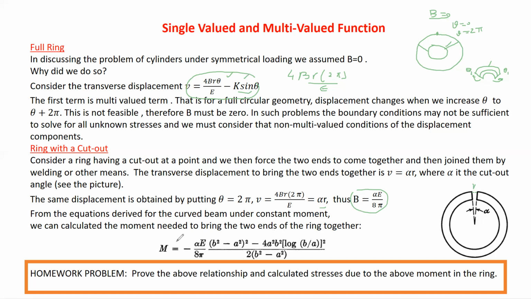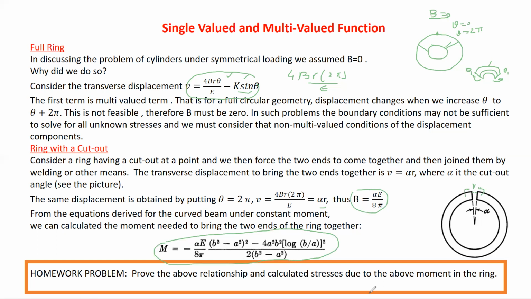You can see what would be the moment that is required to bring the two ends of this ring together and weld it. As an exercise, I've written in the bottom, prove this, that this moment would be the one required to bring it back from the equations that we have. And it's a simple thing here.